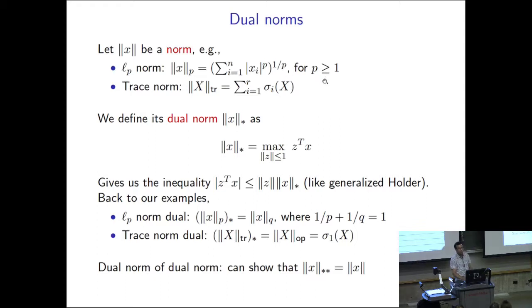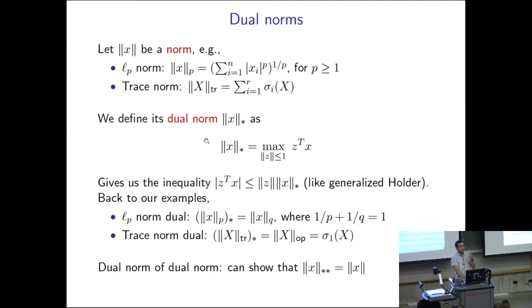This is a norm when p is larger or equal to 1. It's not a norm when p is strictly smaller than 1. In particular, it's not convex when p is strictly smaller than 1. And the trace norm, which takes a matrix argument rather than a vector, returns the sum of the singular values of that matrix, which we denote by sigma i of x.